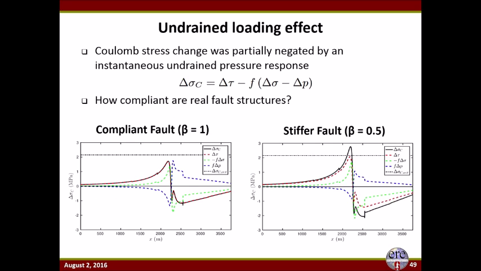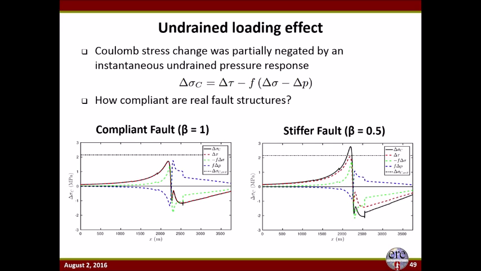And so I mentioned earlier that the Coulomb stress change in this hypothesis was responsible for driving earthquake rupture, and it's influenced by changes in shear stress, normal stress, and fluid pressure. And what happens is that for very compliant faults, the change in normal stress is associated with a more or less equal change in fluid pressure, and they essentially cancel each other out.